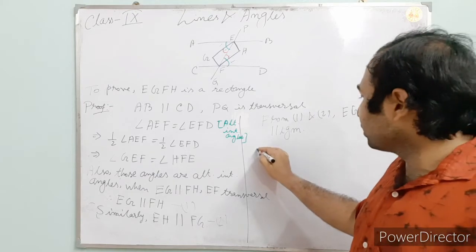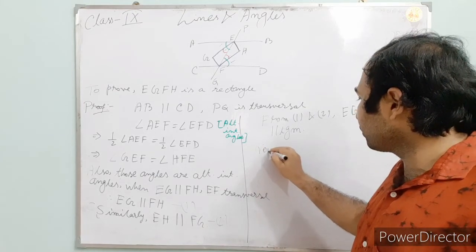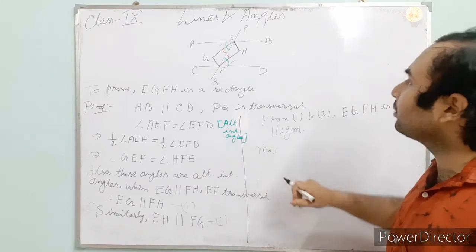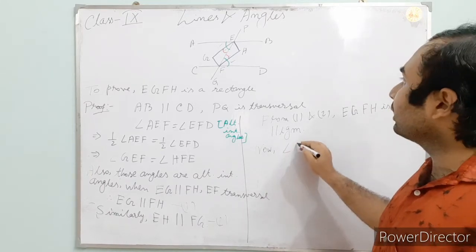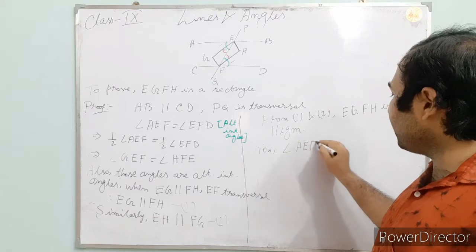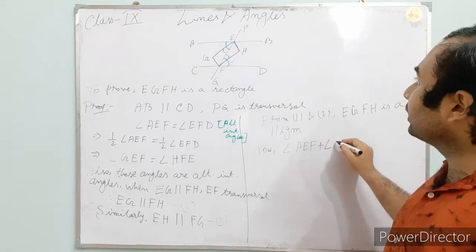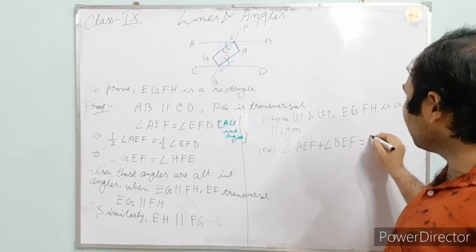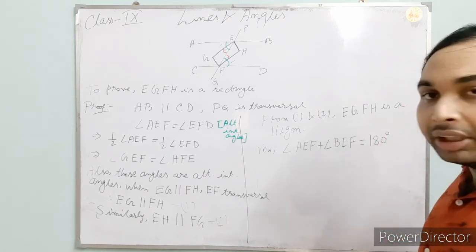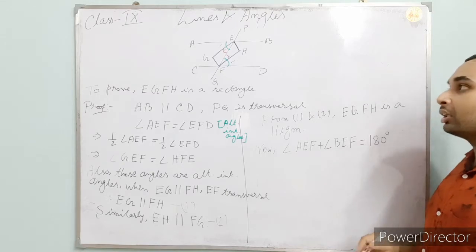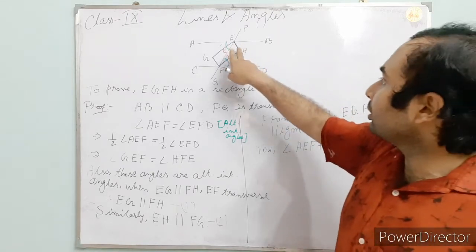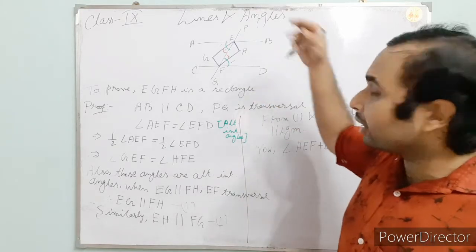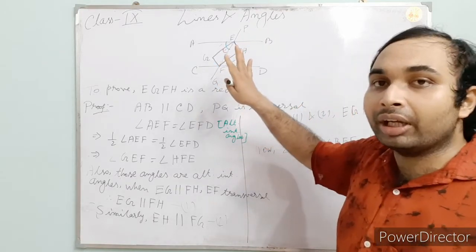For this, it is given that angle AEF plus angle BEF is equal to 180 degrees. Why are those 180 degrees? Those are linear pairs. Just see, at that time I forgot to mention that another type of angle is coming here also.